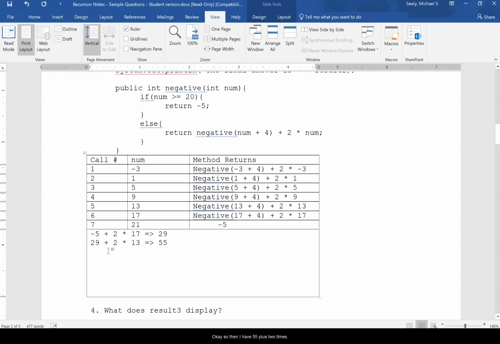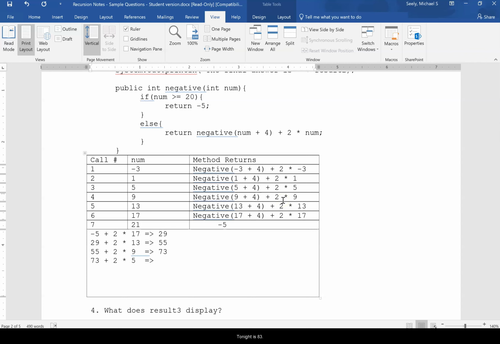Okay, so then I have 55 plus 2 times, I'm going back up the stack, so I got 9 right here. 9, and that is equal to 73. Then I got 73 plus 2 times 5.